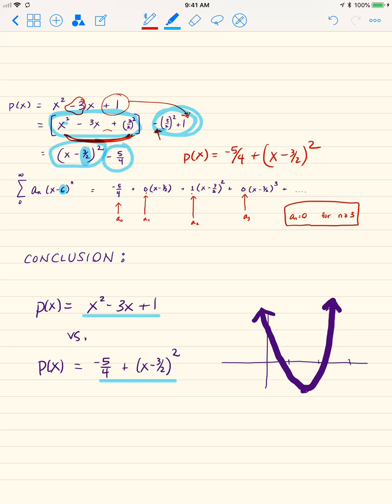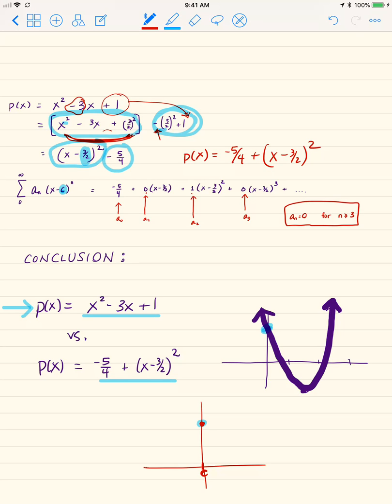For this first one, we're centered at the origin. Let me do something a little differently here. This is how I would draw it. Here's my center, and because my center is the origin, my center is at 0.